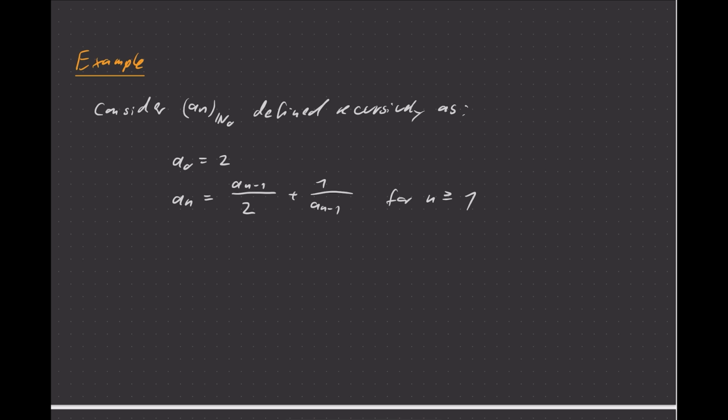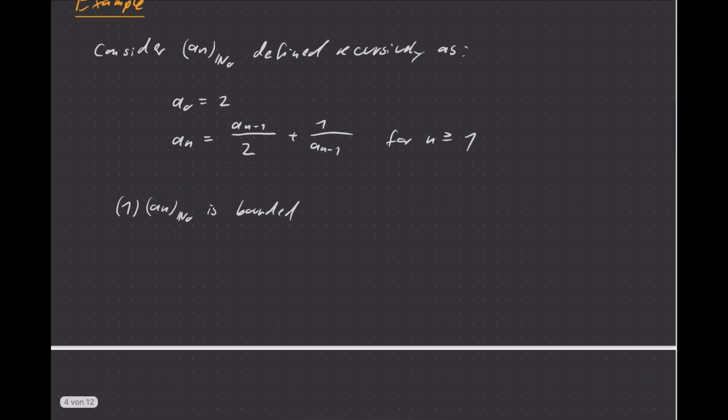Then the first thing that we can note is that this sequence is bounded. It's actually not that easy to see, but an easy bound to prove is 2, and I'll show you how to do this.